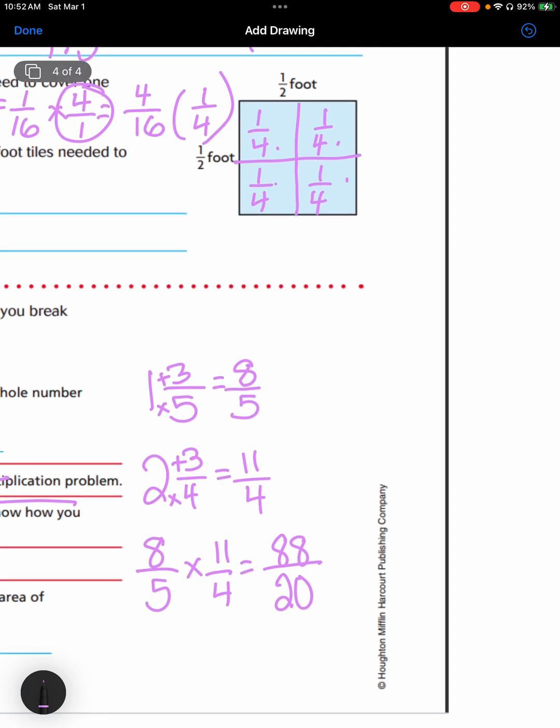So if we just divide 88 by 20, 20 is the same thing as counting up by twos. So 2, 4, 6, 8. My 20 can go into 88 4 times without going over. You subtract and you have 8 left over. So you bring that 8 up and you're going to put it over our original denominator of 20.